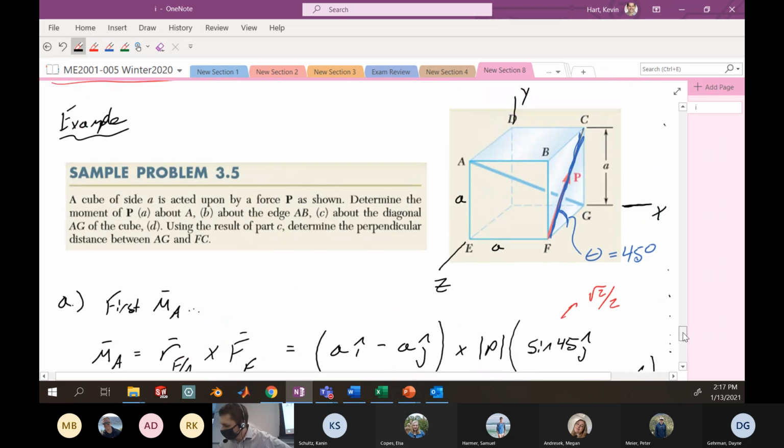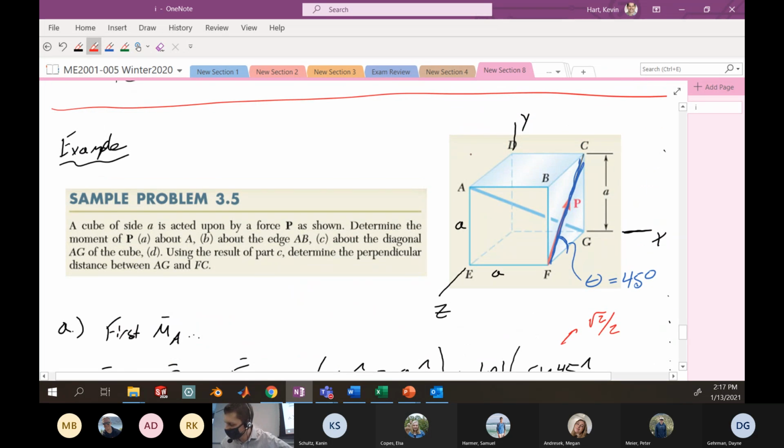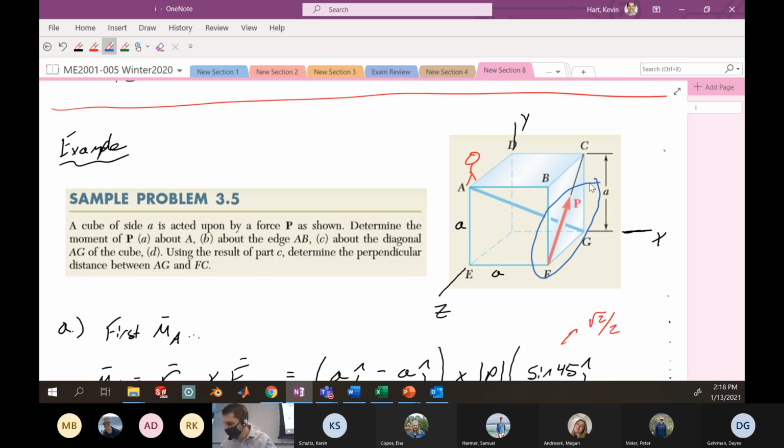If I thought about this a little bit more practically, if I was standing at point A and I was interested in knowing what is the contribution of this particular force here, well, I'll reach my arm in the direction of this force and curl my fingers in that direction.